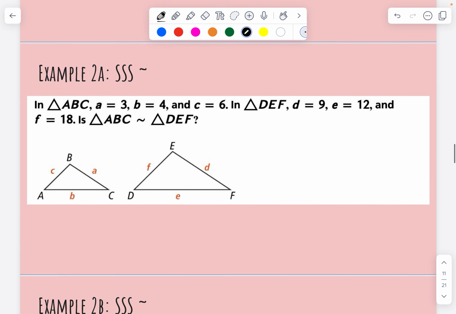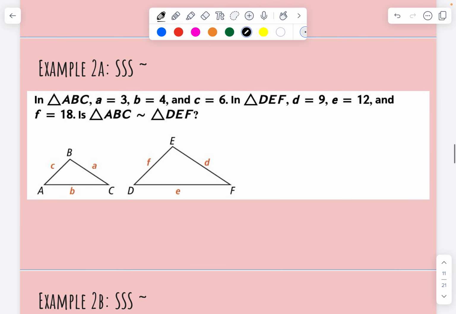So let's look here. In triangle ABC, A is 3, B is 4, and C is 6. In triangle DEF, D is 9, E is 12, and F is 18. Is triangle ABC similar to DEF?